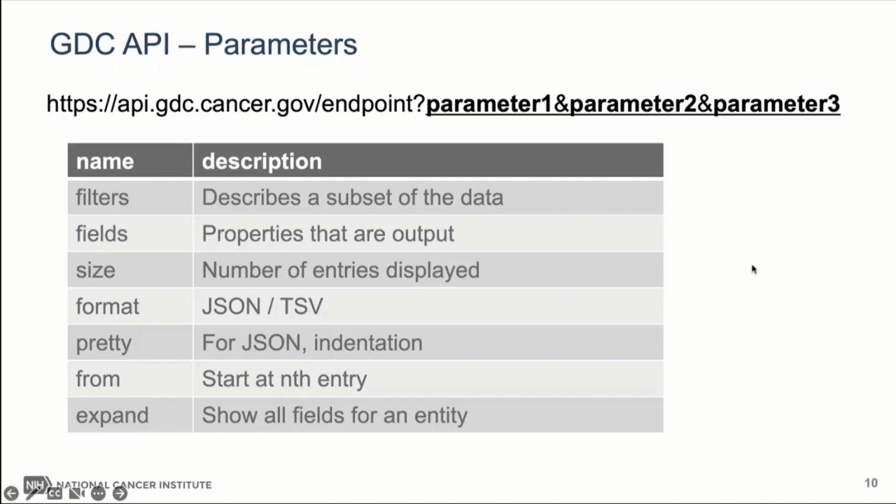So, for example, all fields for demographic, for diagnosis, for exposures, things like that. So if you wanted all the information about a diagnosis and didn't want to type out all the fields, this is the one you would use. And I think we're not going to go into that one today, but in the previous webinar from April 2021, we get into that. So I'd recommend checking that out.